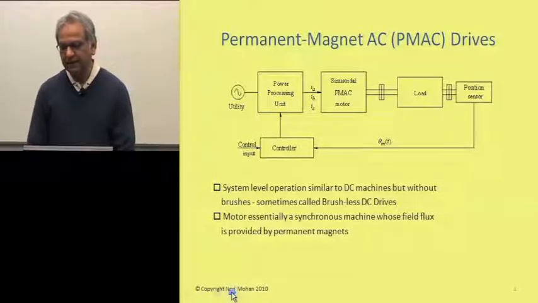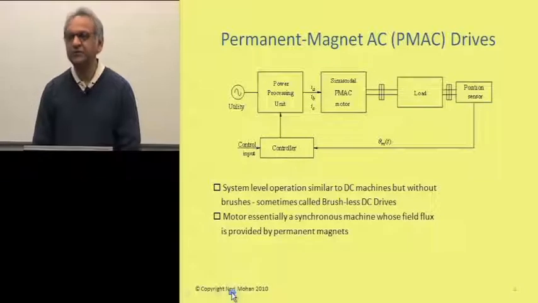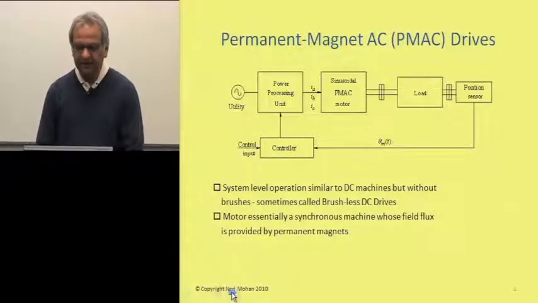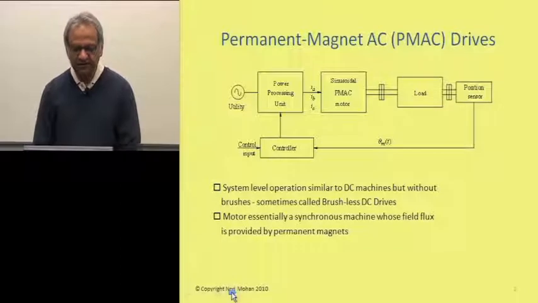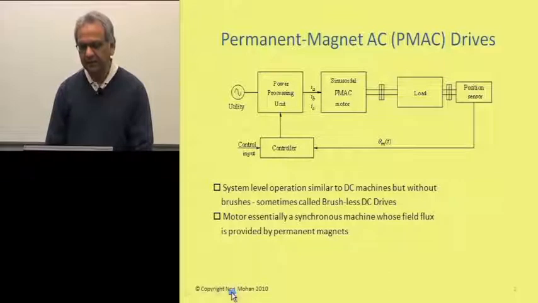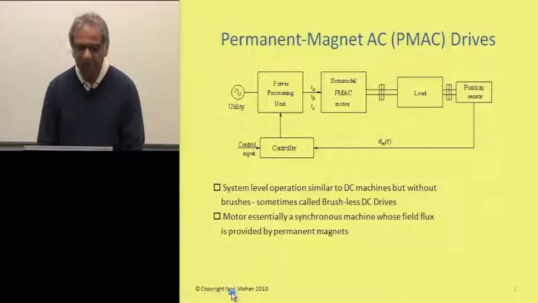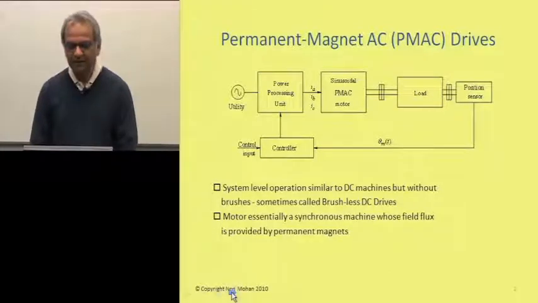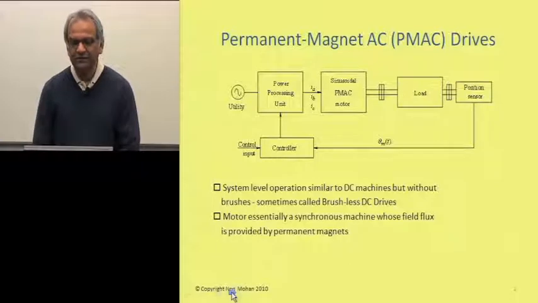But we also need to sense the position of this rotor, as we'll see the need for that. And that sensed position at any instant of time goes into the controller in order for the power processing unit to determine what currents ought to be supplied.